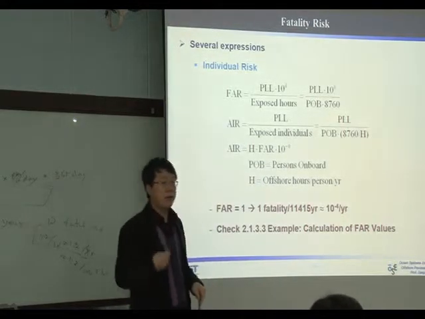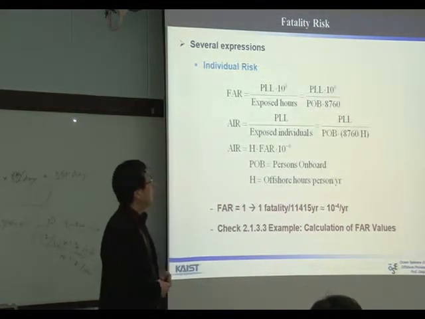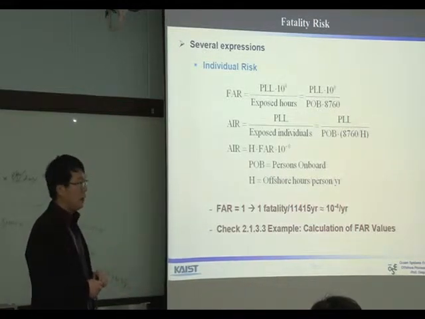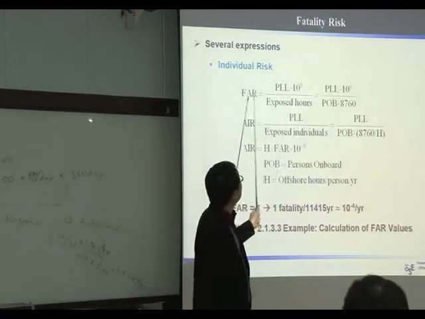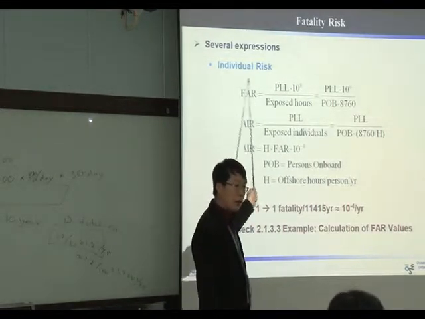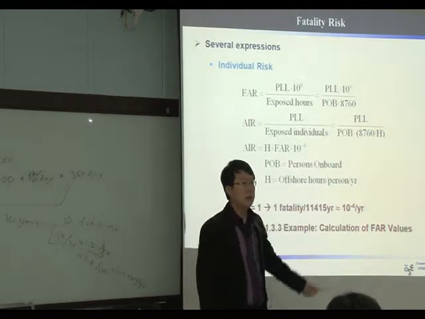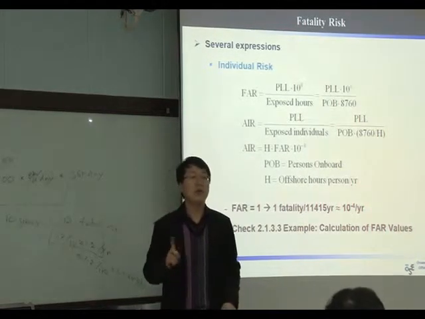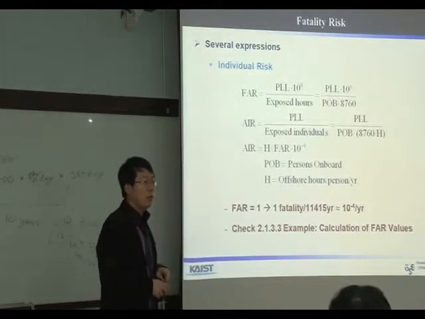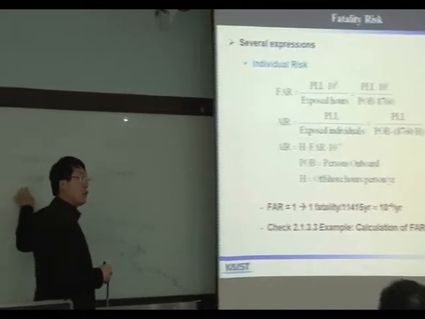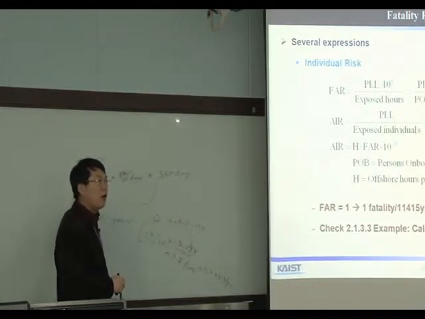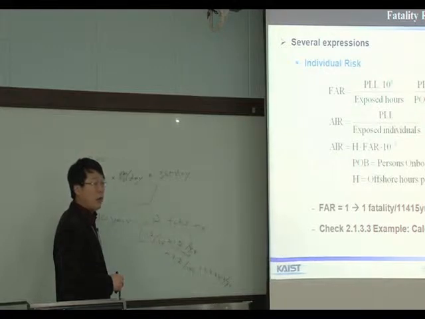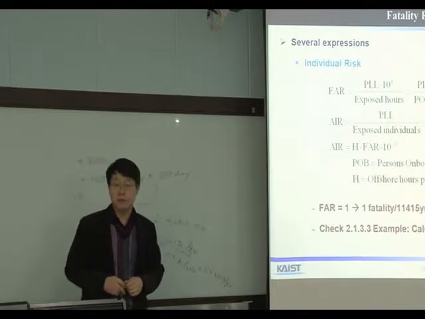So we can calculate the value very straightforwardly. In estimating FAR, we don't distinguish. We assume that all the people here are exposed to risk, even though they spend 2/3 of their time in living quarters. Living quarters is relatively safe.